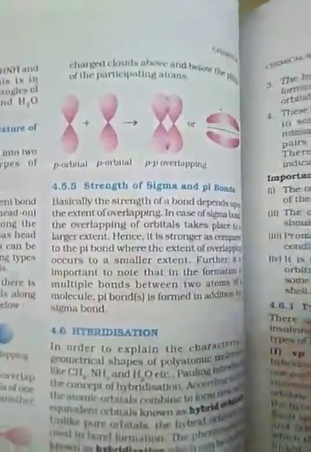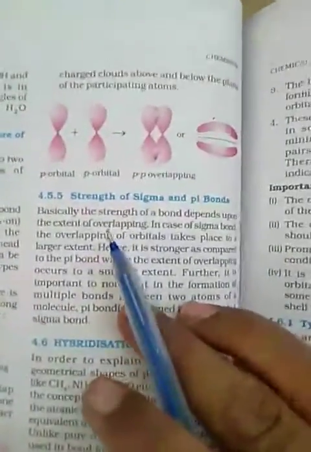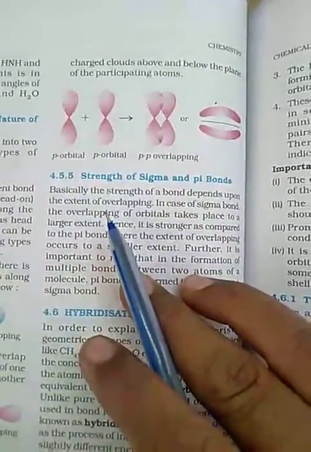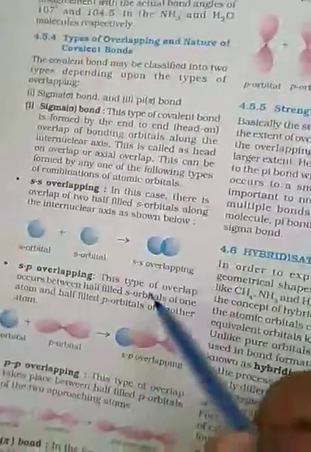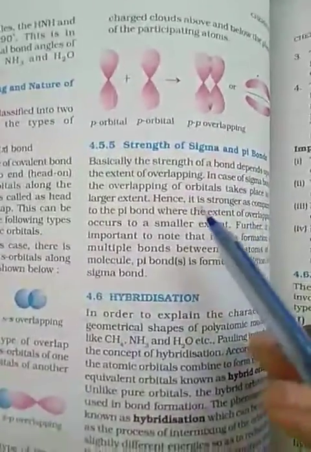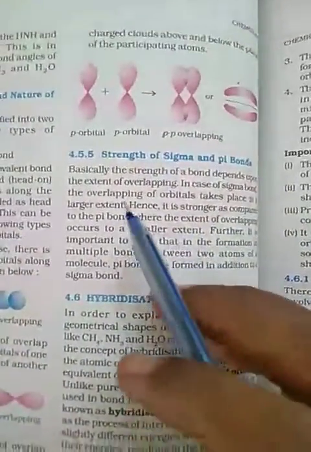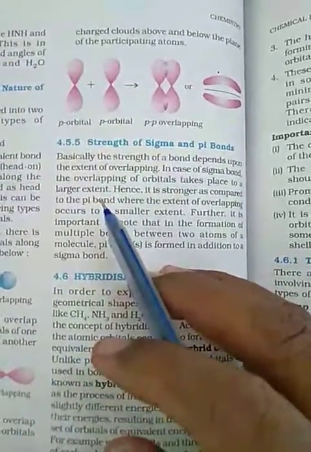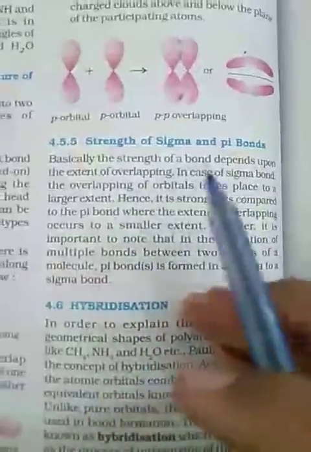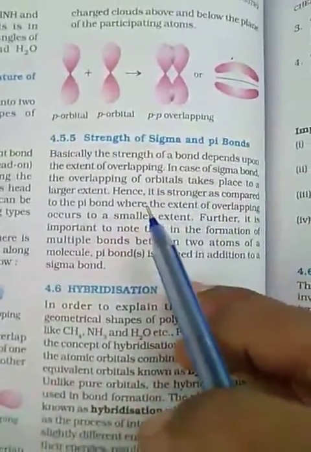Now, strength of sigma and pi bonds. Which is stronger, sigma or pi? Basically the strength of a bond depends upon the extent of overlapping. See this extent, how they are overlapping. If they are overlapping more, they have more strength. The overlapping of orbitals takes place to a larger extent in the case of sigma bond.